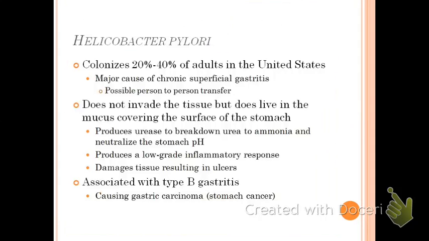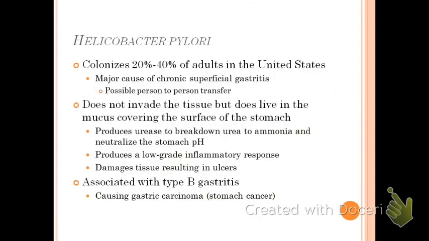We do not have data here in the Philippines, but nevertheless, once Helicobacter pylori has colonized your stomach, it would result in chronic superficial gastritis. There is also a possibility that person-to-person transmission could occur.